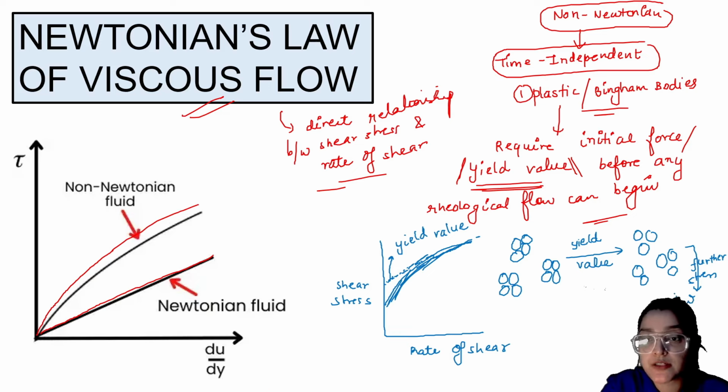Very important, students, you should note the example. The question can directly come from the examples only. Very important, you should know the concentrated suspensions. Example of the plastic flow is the concentrated suspension. Mark it, really important from your exam point of view.